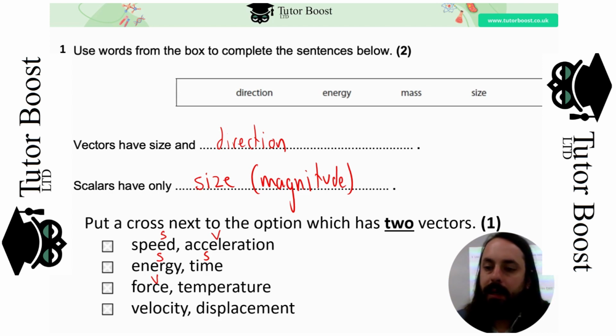Temperature, on the other hand, is a scalar. It doesn't have a direction, so the only possibility is the last one, velocity and displacement. Remember that displacement is the distance from the start to the end point, and velocity is a vector. It needs to have a specific direction. Okay?